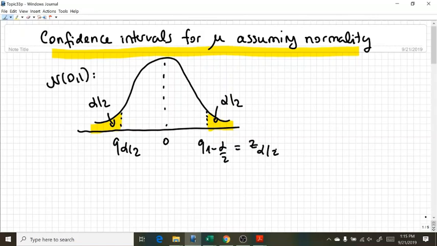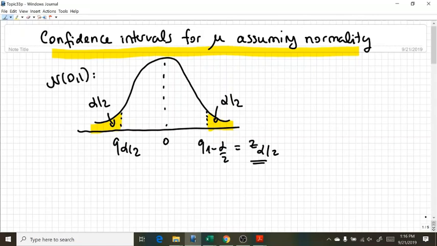It's basically when I write z with subscript alpha divided by 2, it means that in the right tail I have an area of alpha divided by 2, right? It's shorter to write than with the quantile notation. So I will use this notation. It's a very common notation in statistics, z, and it's also called critical value. We will see more in general critical values later on.